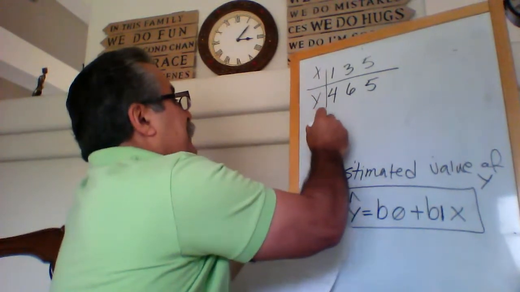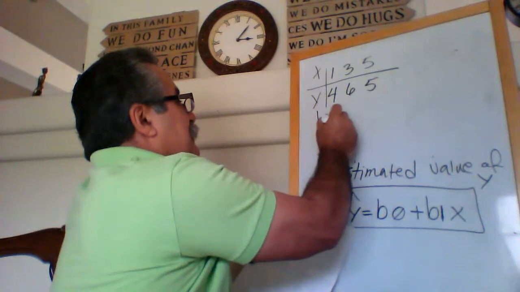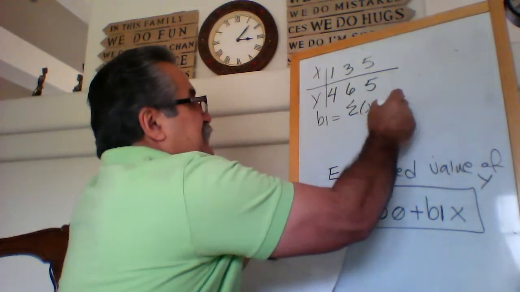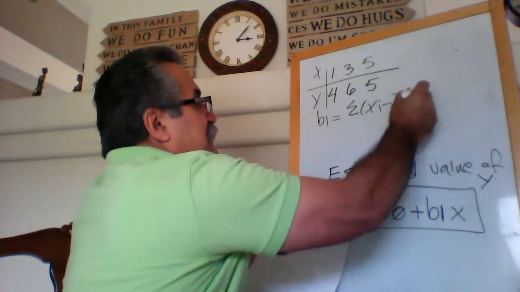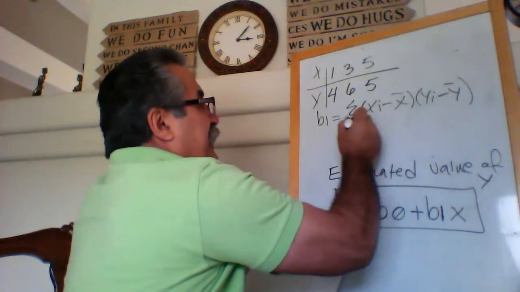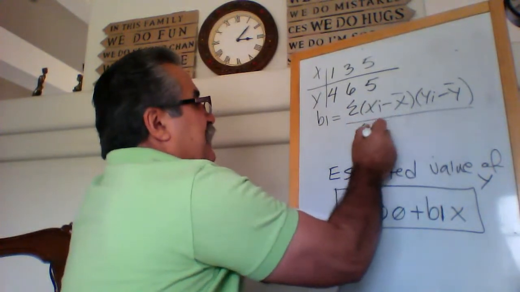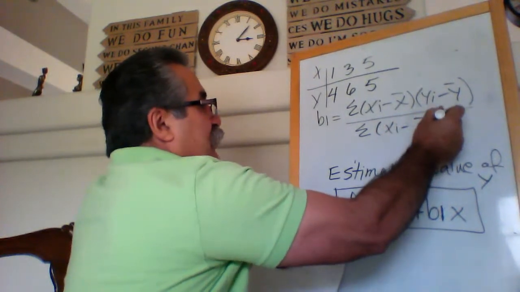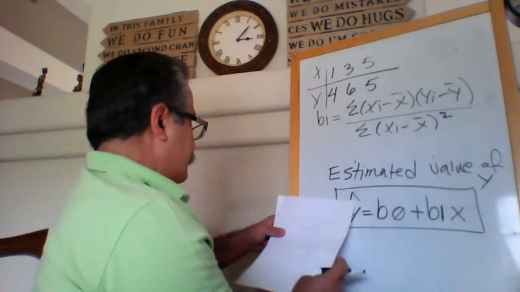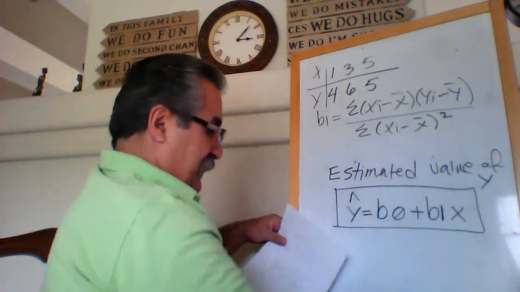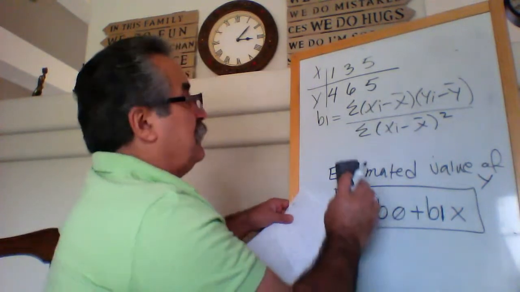So b1 is equal to sigma of (xi minus x bar) times (yi minus y bar), divided by sigma of (xi minus x bar) squared. This is how we find b1.